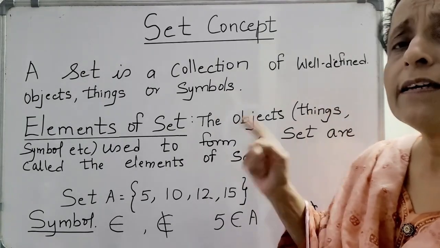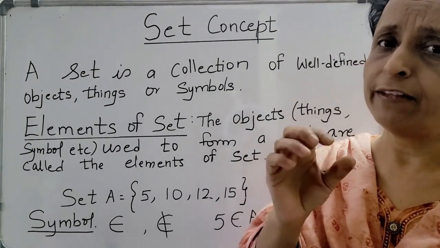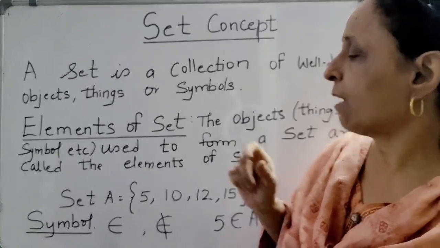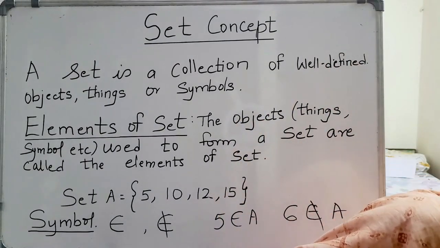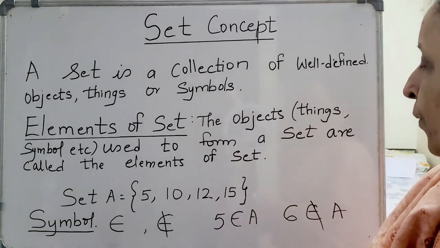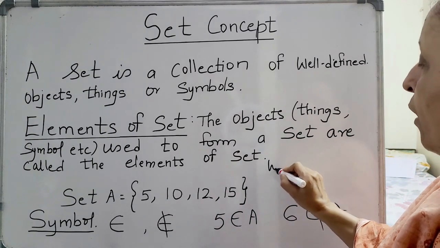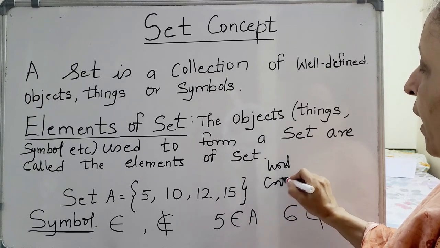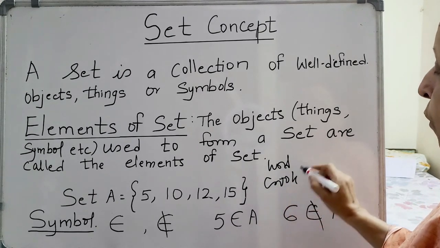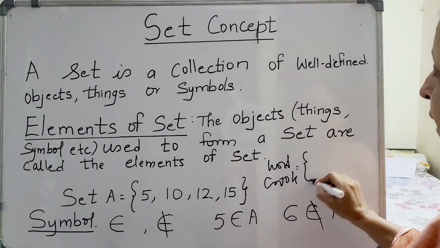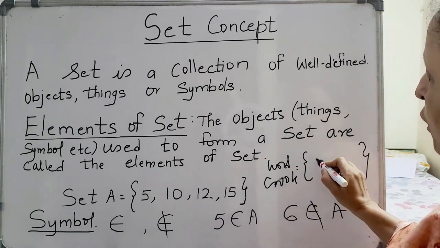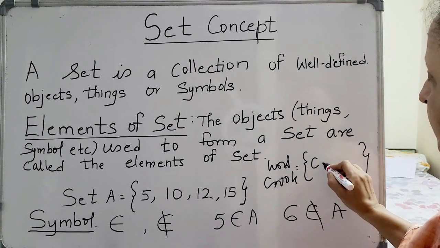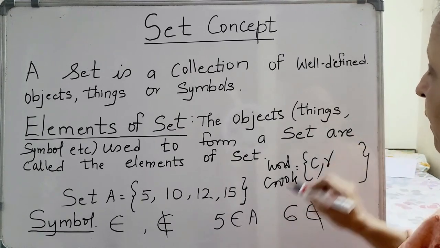Now if there is a repetition of the elements, for example the word crook. The word crook has got 2 O's. Now I have to make the set which has the letters from the word crook. So C is there? Yes, C is there. R is there? Yes, R is there.